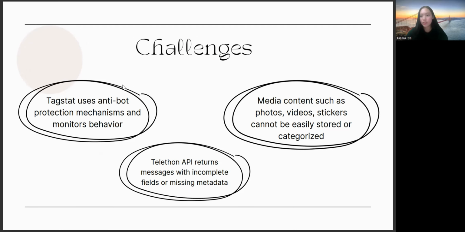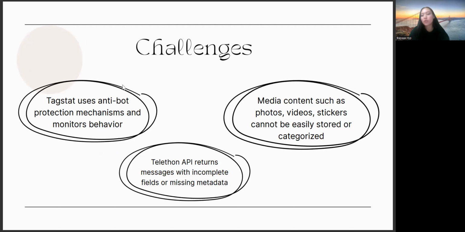Here I also demonstrated one part of all links in our CSV file. To be honest, I had many challenges and problems during this project. For example, TG-State uses anti-bot protection mechanisms and monitors behavior. To solve it, we used random delays and adaptive waiting.